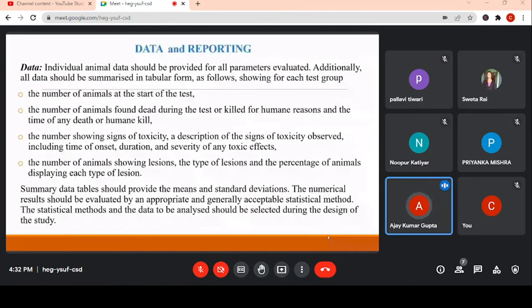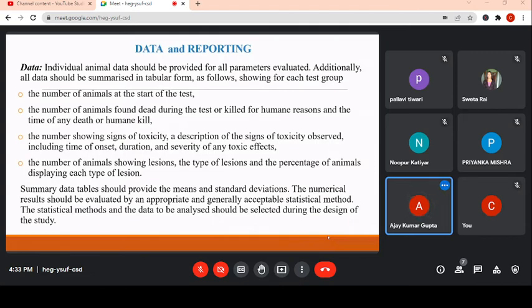Additionally, all data should be summarized in tabular form as follows, showing for each test group the number of animals at the start of the test, the number of animals found dead during the test or killed for humane reasons, and the time of any death or humane kill.